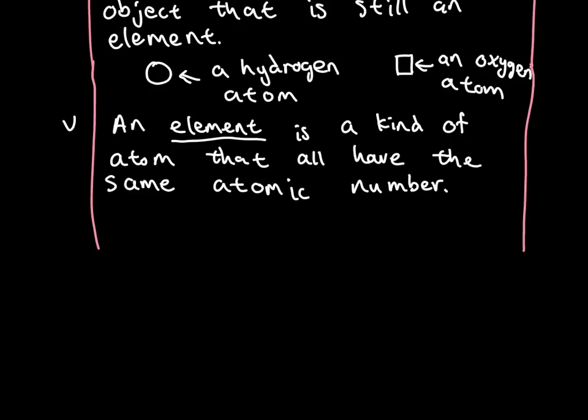Okay, so an element is a kind of atom that all have the same atomic number.